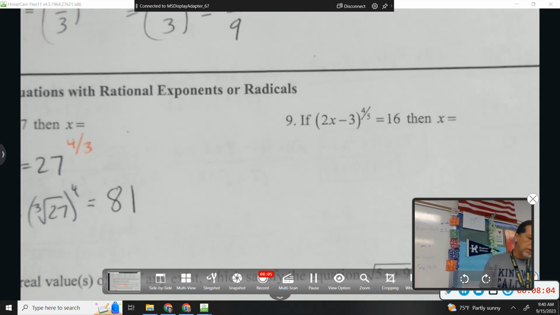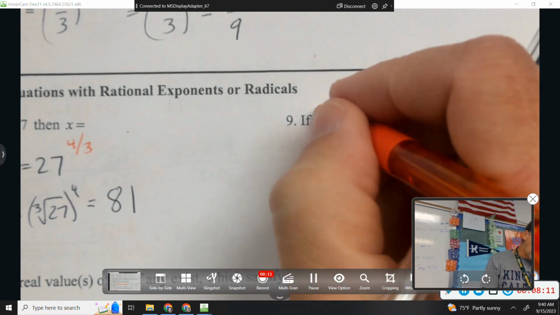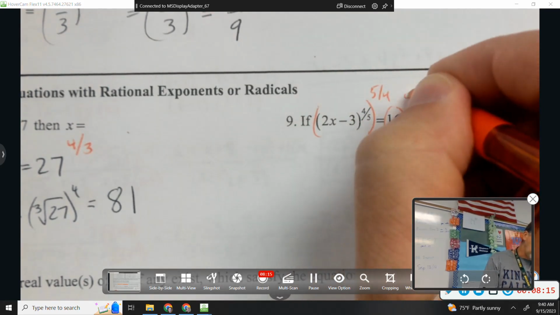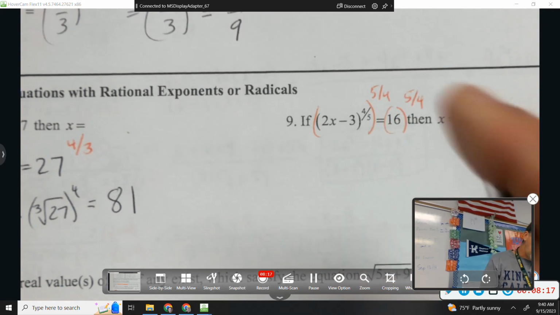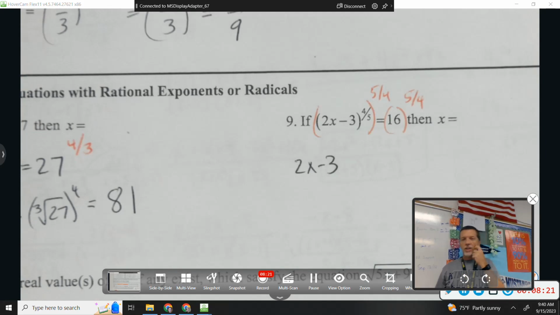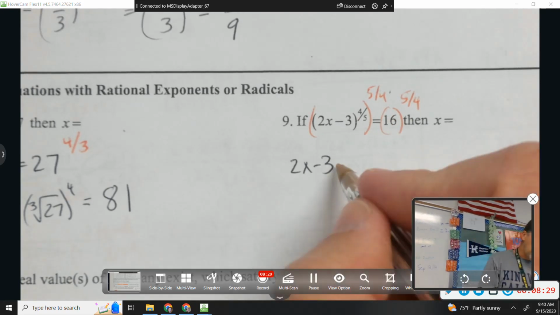Number 9. What are we going to do to both sides on number 9? Power them both to 5/4. So the left-hand side looks awful because you've got the 4/5 to the 5/4, but the whole point is those cancel each other out, and we're back to just 2x minus 3.